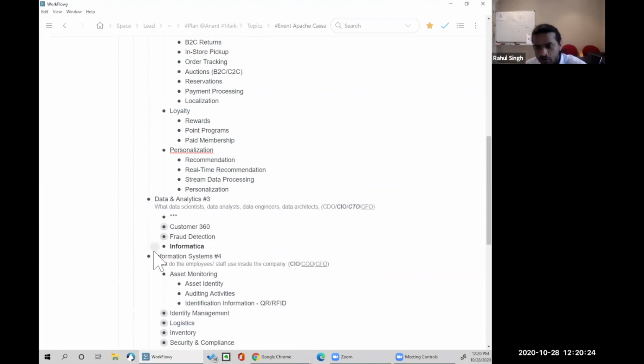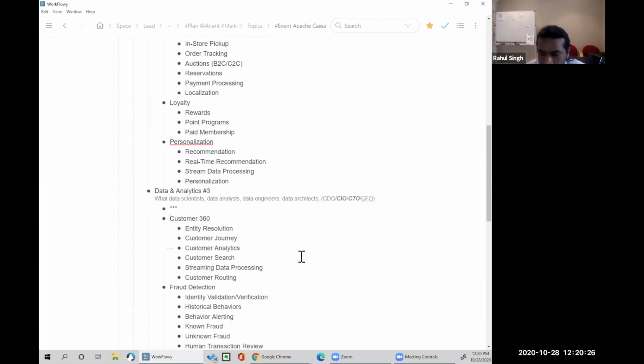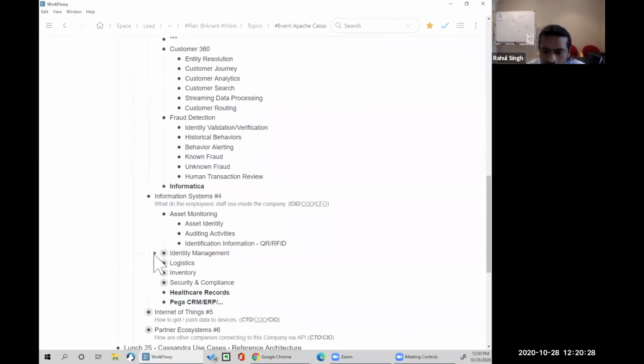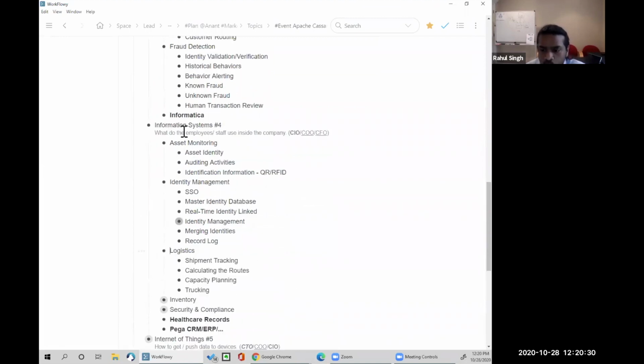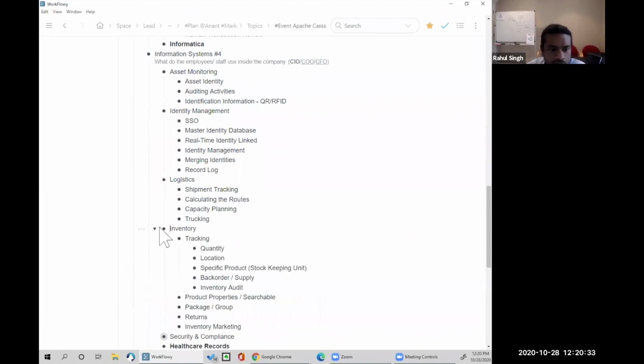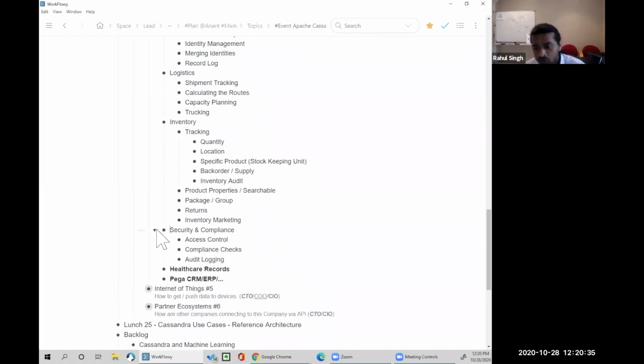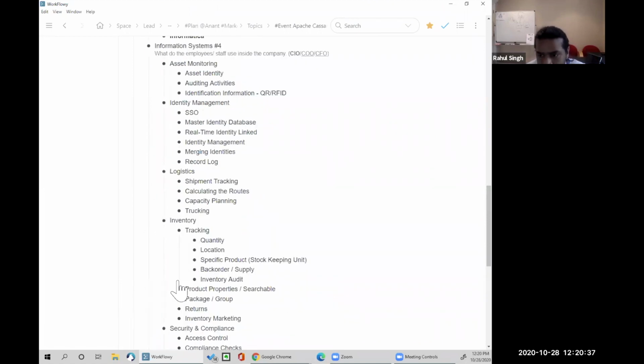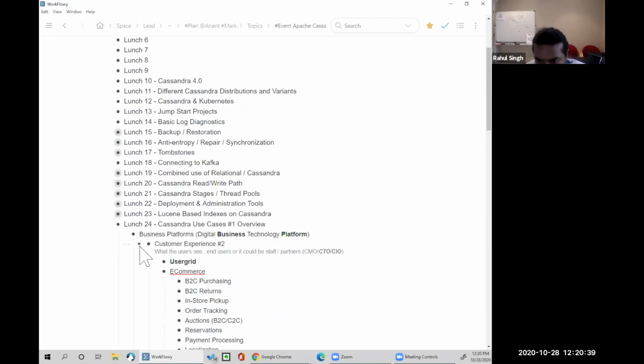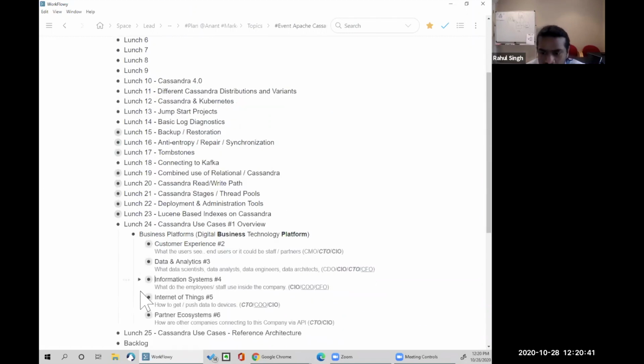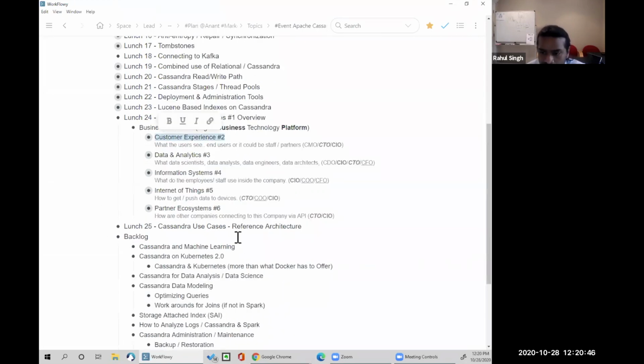We talked over all the different categories of industry applications that use Cassandra, not in specifics, but generally why these features would end up being a good use case for Cassandra at global scale. As promised, we're going to keep revisiting each of the areas of business platforms as we go along. So we'll cover customer experience in a future session, as well as data and analytics and so forth. All right, so I want this to be a discussion.